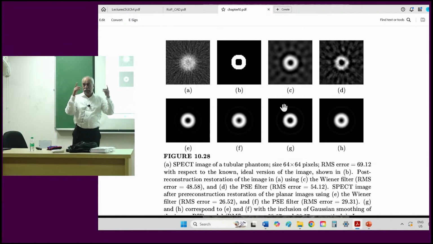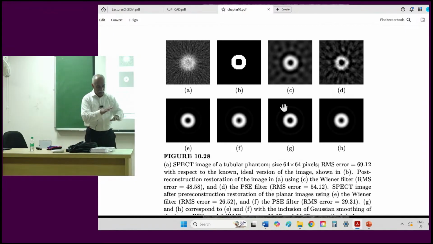If you want, you can try in 3D, but we didn't do that. Instead, we said we will do restoration of each two-dimensional projection image separately first. When the scanner goes around, multiple projections are obtained, two-dimensional images of the body, and then the sections are computed.